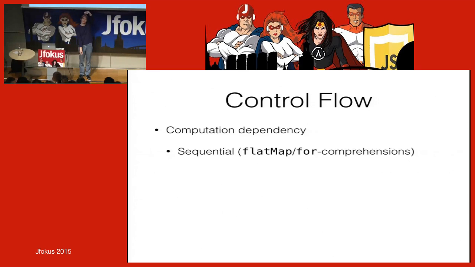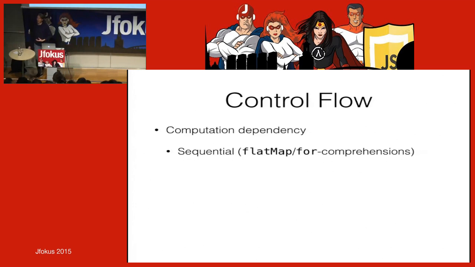So just one line straight down, and you do that with flatMap. That's the for comprehension thing. Haskell calls it do notation. Python calls it yield. I mean, there's a lot of different implementations of it out there. But this is sequential control flow. It's all about the sequential control flow, one thing after another.